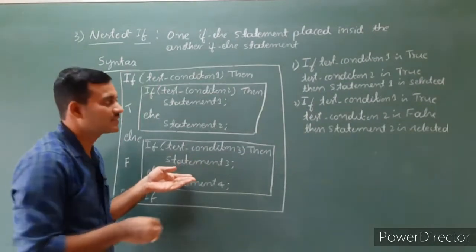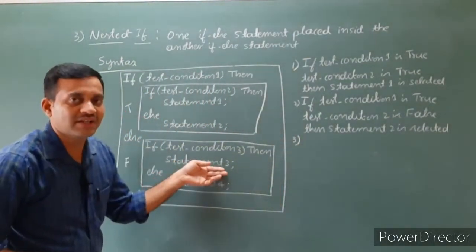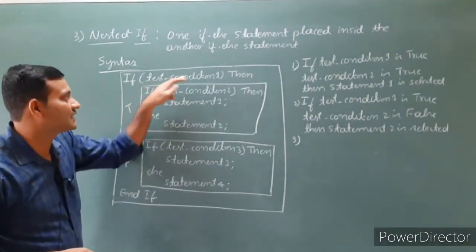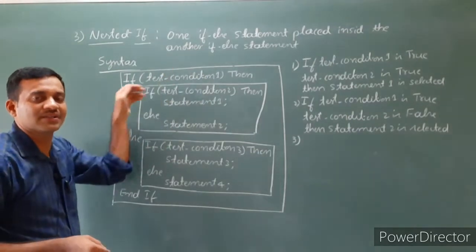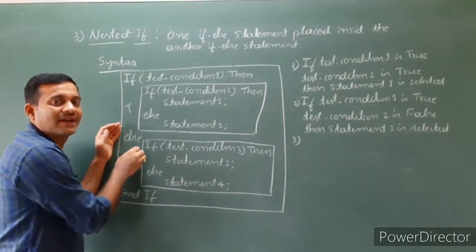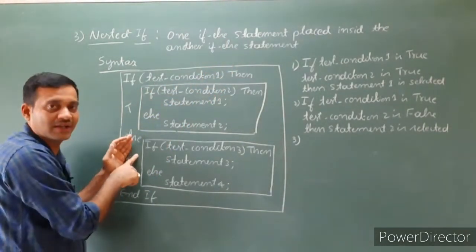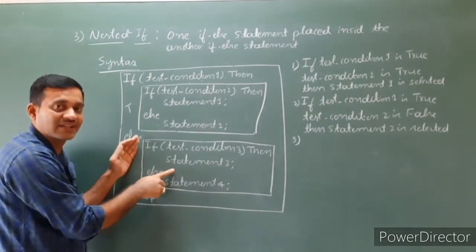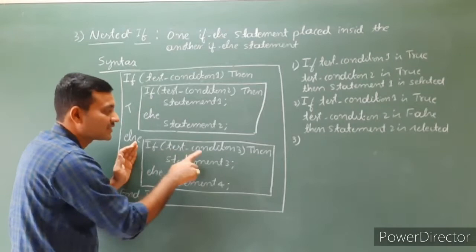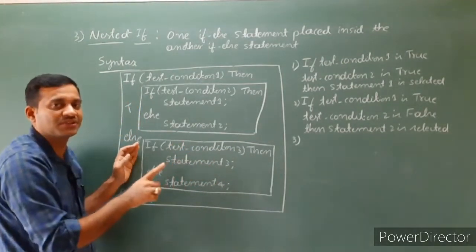Then case 3, that is statement 3. See the position of statement 3. It is in the else part. If it is in the else part, it means initially test condition 1 returns false. If it is false, then only we execute the else part of the if else. So test condition 1 is false, and we enter the else part. Then we have to verify test condition 3. If it is true, the succeeding statement is executed.